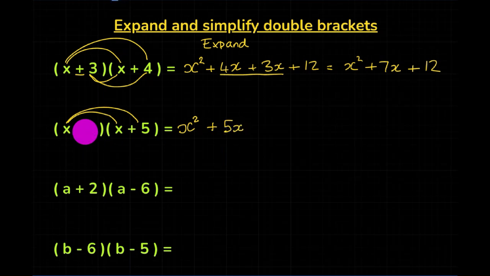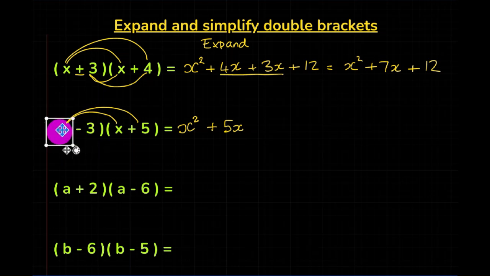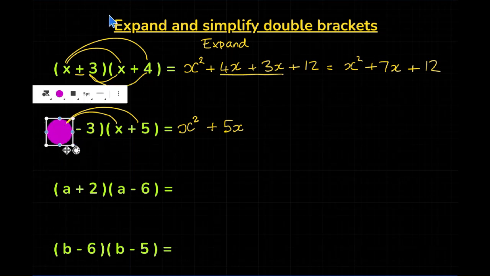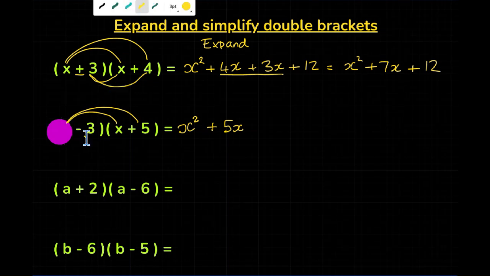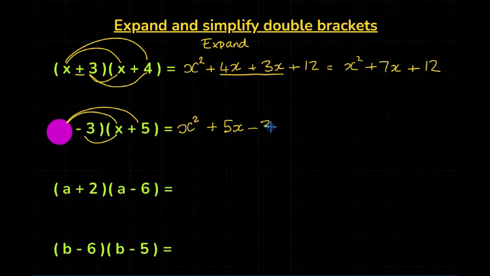Then I'm going to move my purple dot, or your finger, and I'm left with minus 3, so I can multiply that minus 3 by the x to get minus 3x. And then I can multiply my minus 3 by plus 5 to get minus 15.